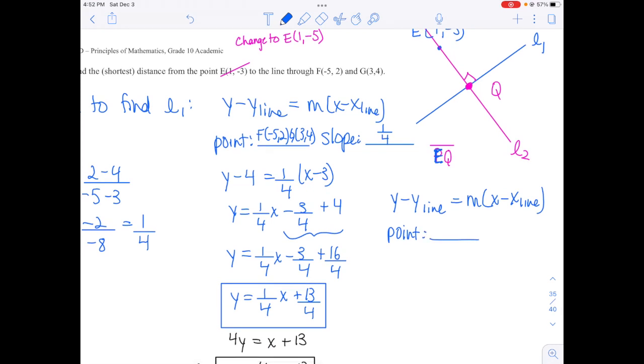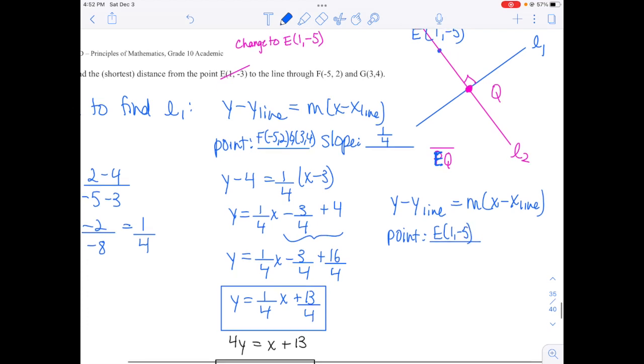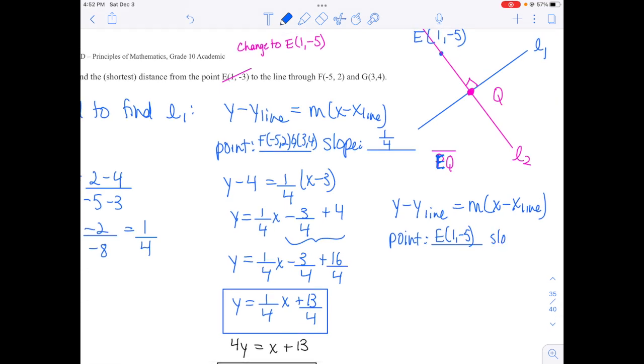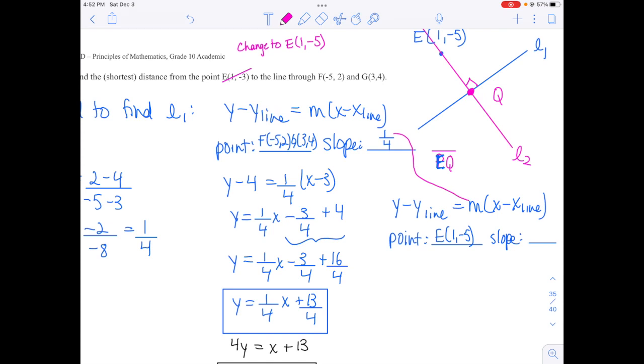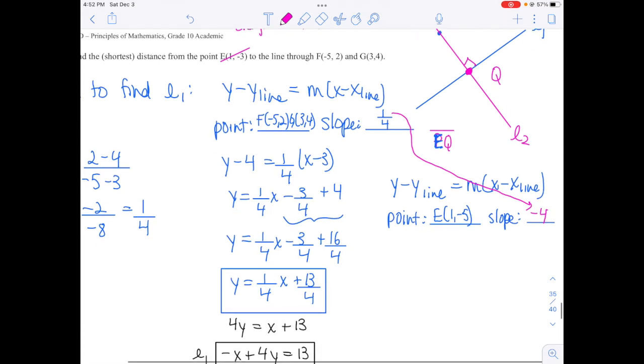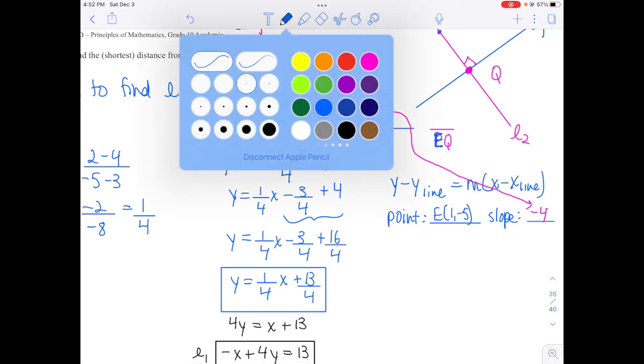So the point I know on this line is E, (1, -5), and the slope has to be perpendicular to the slope of L1, which I've already found. So I can just go here like this, and I know my slope is going to be -4. All right, let's sub it in.